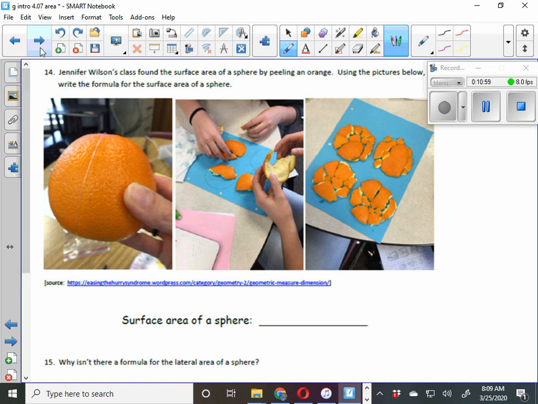And what they're trying to prove is as they peel the orange and put all those pieces back together, notice that it fits into 4 circles. Therefore, we have a formula for the surface area of a sphere to be 4 pi r squared. Well, that's 4 circles, 4 areas of the circles. Pretty cool.